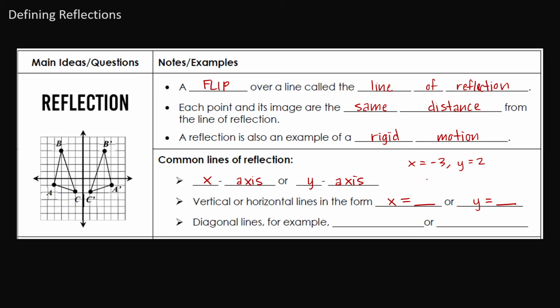X equals -3, or any line starting with x equals, would be vertical. And any line starting with y equals and ending in a number would be a horizontal line. And we also are going to talk about diagonal lines. For example, y equals x where the slope is 1, or y equals -x where the slope is -1.